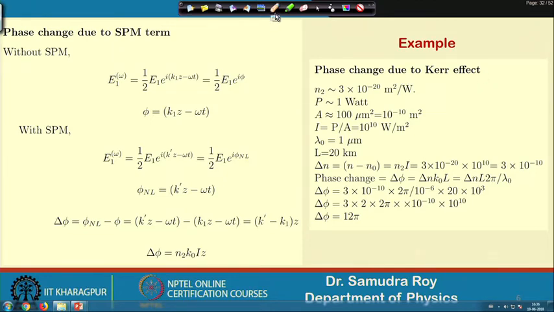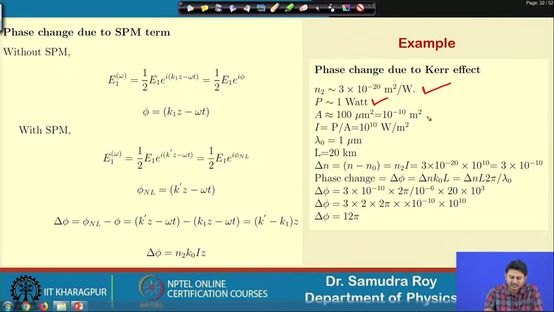The values given are N2, which is 3 into 10 to the power minus 20 meter squared per watt. The value of P is given as 1 watt, and A is given as 100 micrometer squared. Previously, if you remember, in one calculation we considered 100 millimeter squared, but now it is micrometer squared, which is very small.